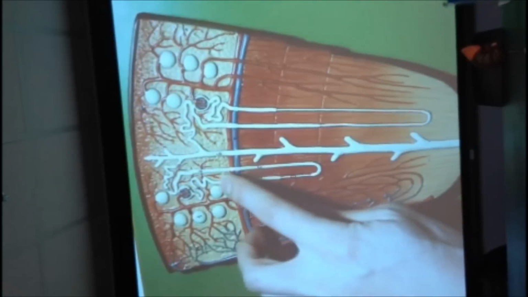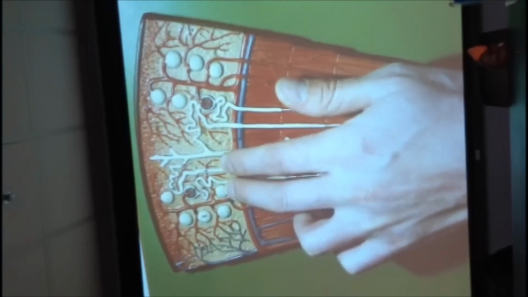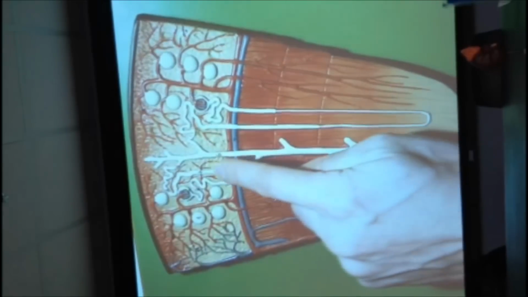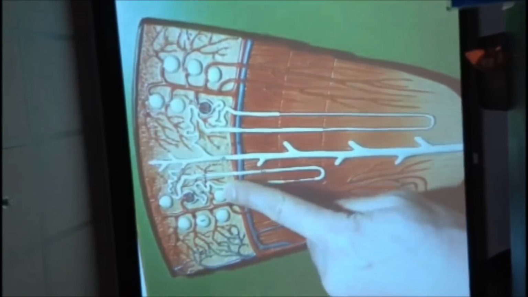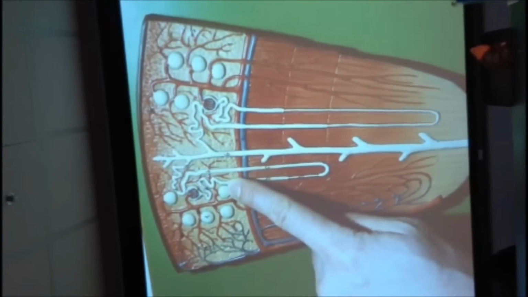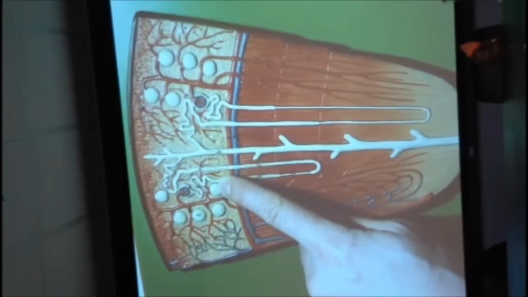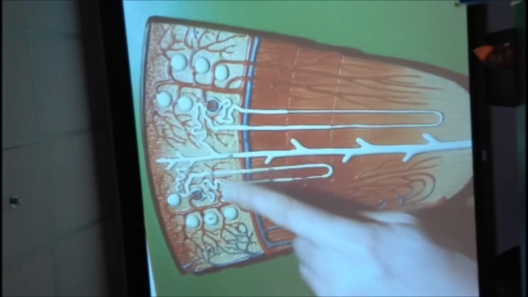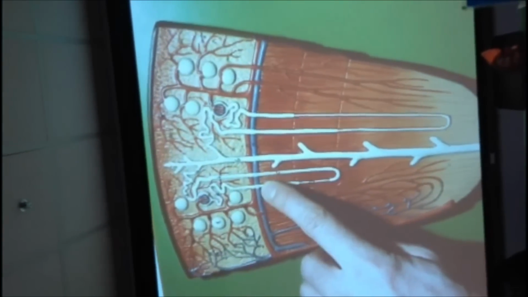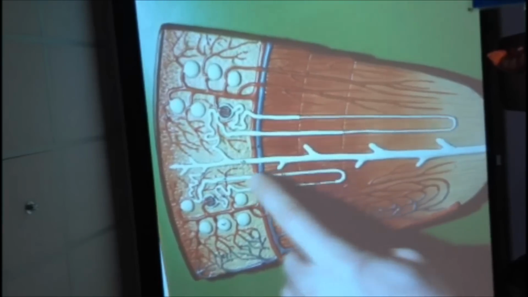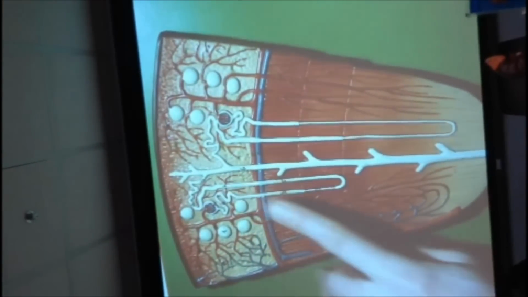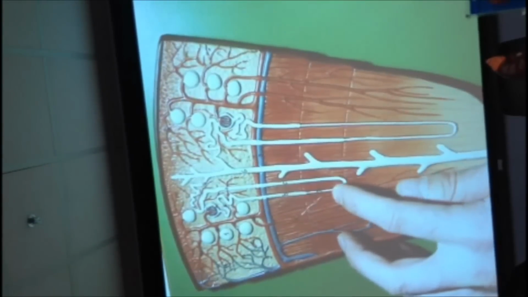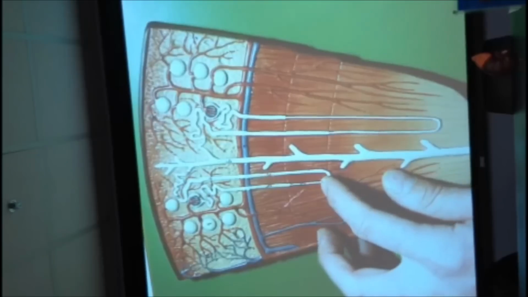And this part right here where it forms like a big U, this whole thing is known as the nephron loop, and it has specific components. I don't think your lab manual gets that picky, but this is the descending limb of the nephron loop. This is the ascending limb of the nephron loop. And this part right here, where it does a little elbow bend, is the loop of Henle.